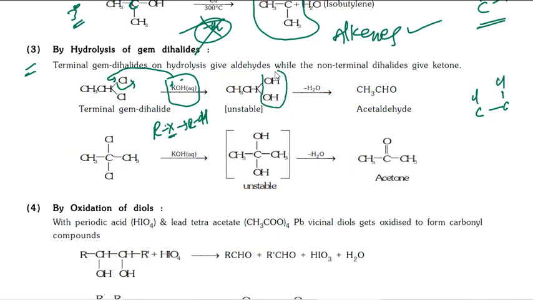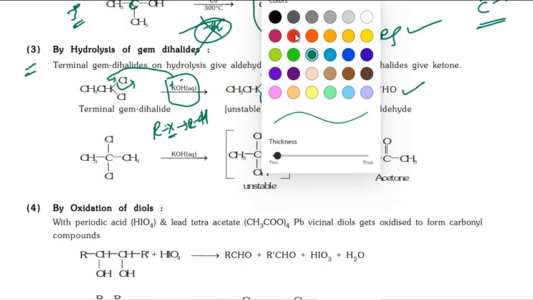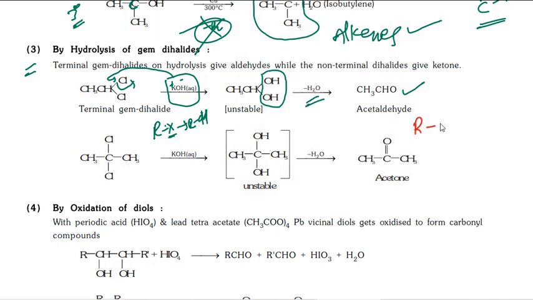Just now I told you, two hydroxy groups on the same carbon is unstable. So it removes a water molecule and forms aldehyde. How is the water molecule removed? It is common in organic chemistry, I will explain here. RCH(OH) and here one more OH.